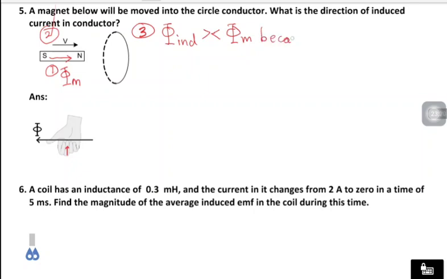Because the magnet moves closer to the wire, the main flux or initial flux is to the right, so the induced flux in the wire will have opposite direction, to the left.